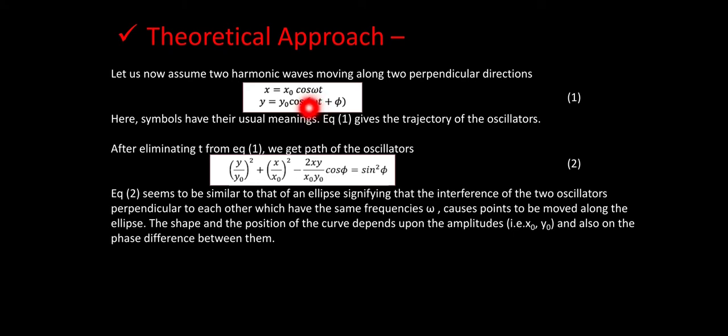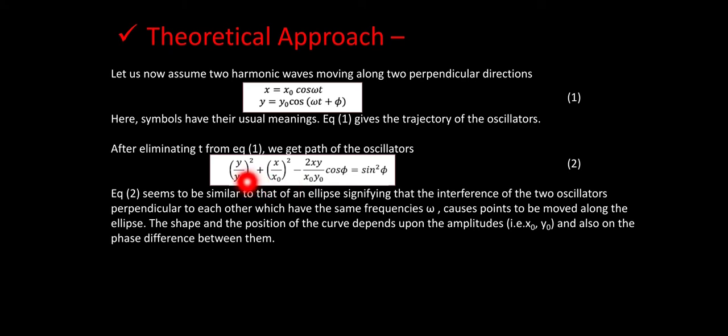But after some simple mathematical manipulation, when we eliminate t from these two equations, we get the path which is traced by the oscillator, which is this equation. In this equation, we have eliminated time t.